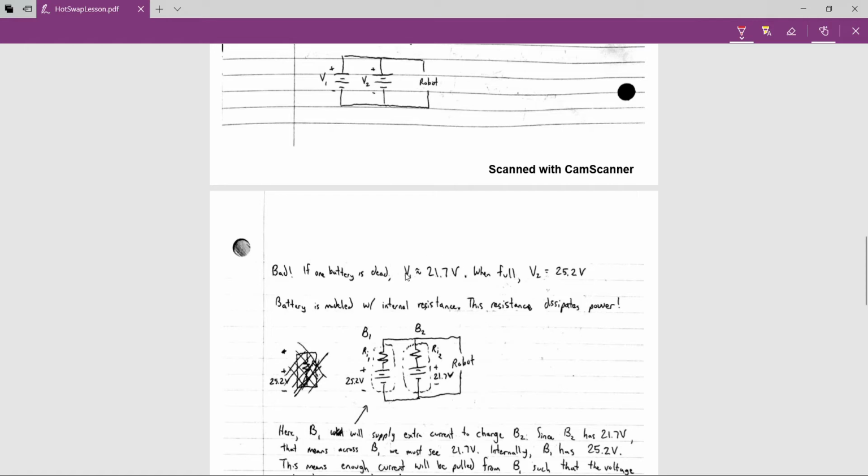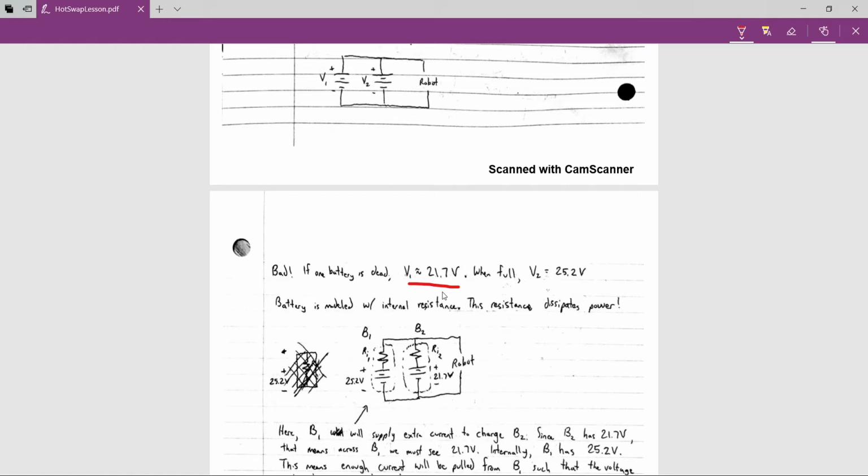For example, if I use a voltmeter and probe each end of a battery, the positive and the negative terminal, I'll see 21.7 volts for this battery. I see that because a voltmeter has what we call infinite impedance. It's basically like an open circuit. Even though you're touching two probes, one on each end, you're not really completing any circuit. No current is allowed to flow because of how a voltmeter is designed.